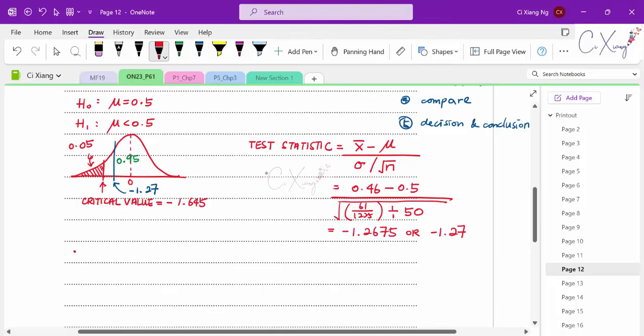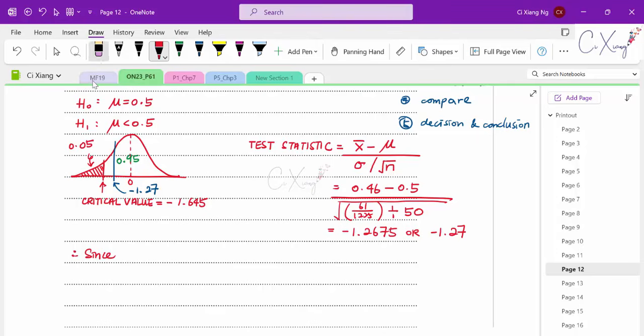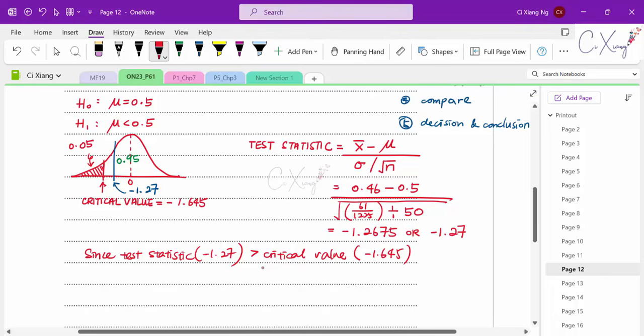Then of course we need to write out the comparison first. So you can write: since the test statistic negative 1.27 is greater than the critical value negative 1.645. But for me, when we write this out, it's very hard to decide.